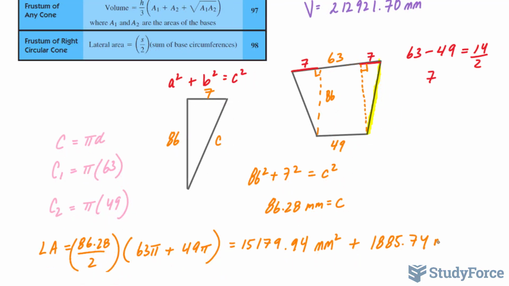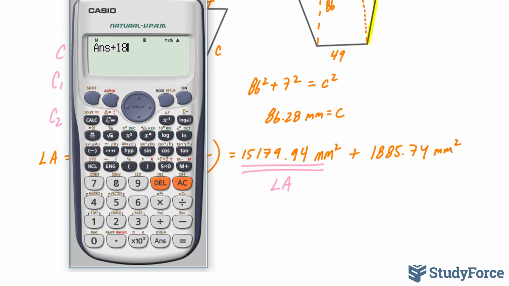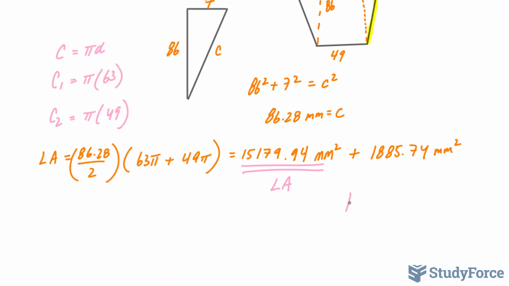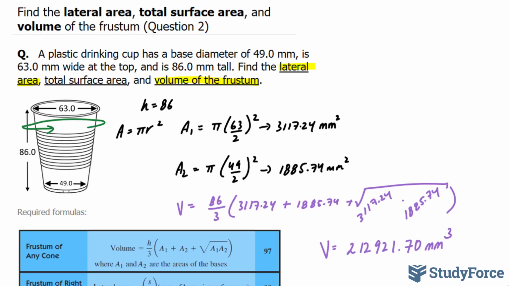Adding these two up, and I'll highlight this part just to suggest that this is the lateral area, plus 1,885.74 gives us a total area of 17,065.68 millimeters squared. And there you have it. That is how to find the lateral area, total surface area, and volume of a frustum.